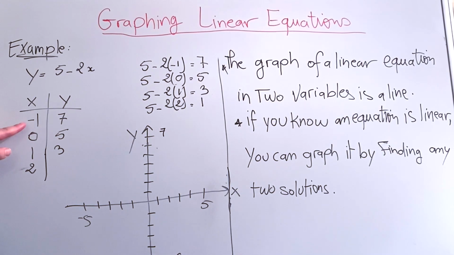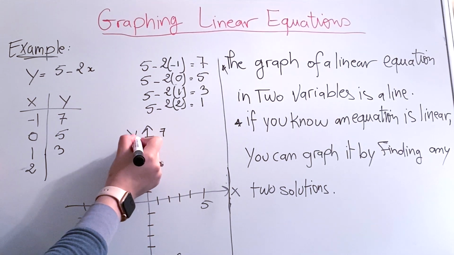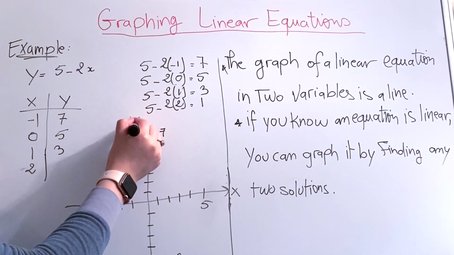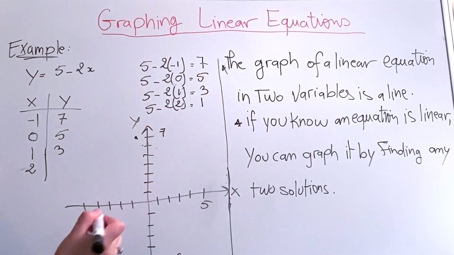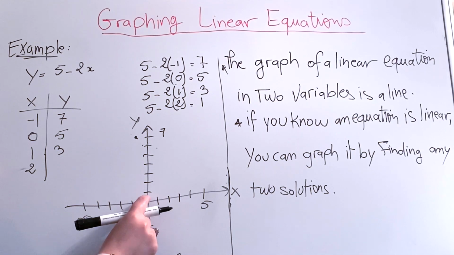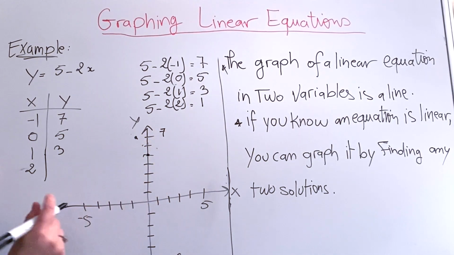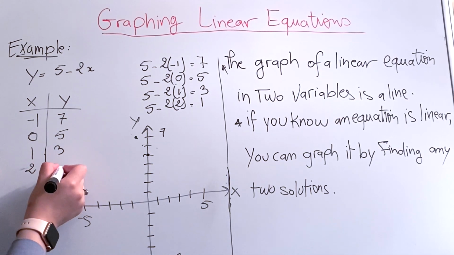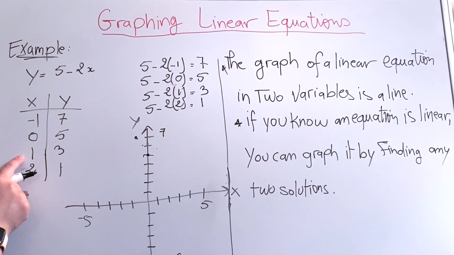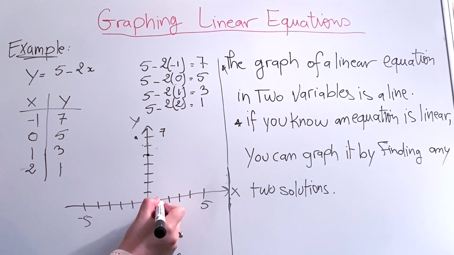The first point we have is x equal to -1, and y equal to 7. So here's the first point. Then we have x equal to 0, y equal to 5. So here's the second one, and we have x equal to 1 and y equal to 3.